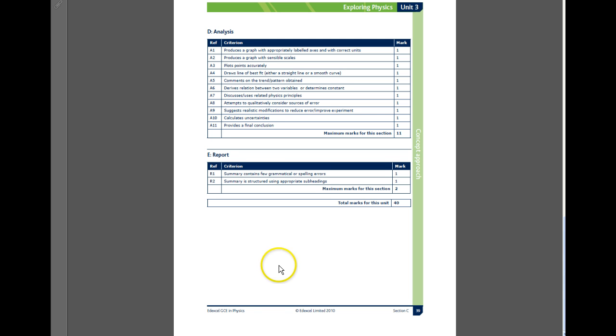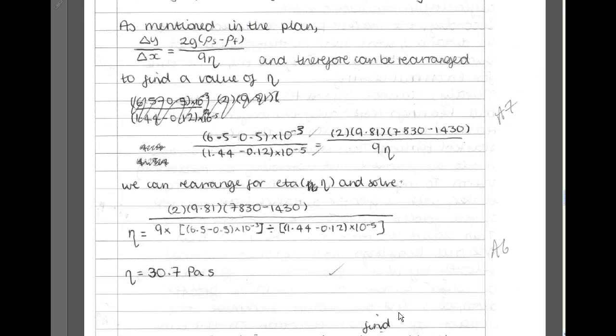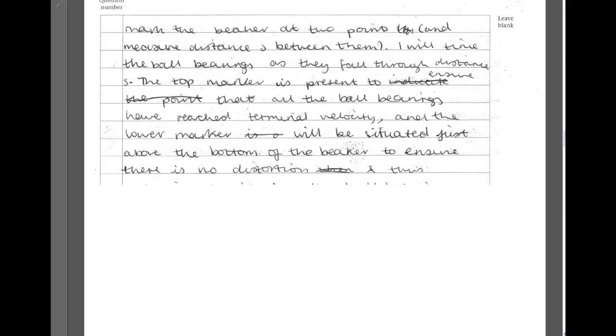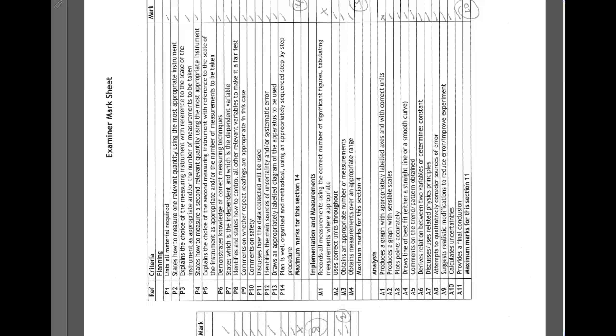Okay, so let's have a look now at an example of a plan to see what exactly you have to do here. So here is a plan that was written which scored 37 out of 40, so it's a pretty good one. We'll just go back to the top and we'll rotate that round.